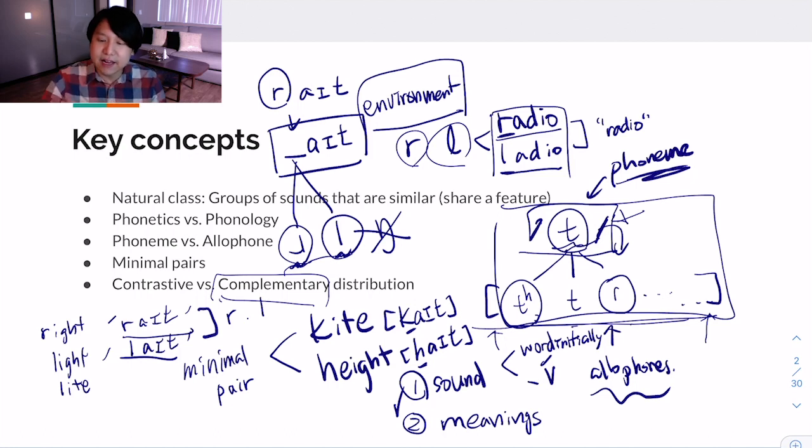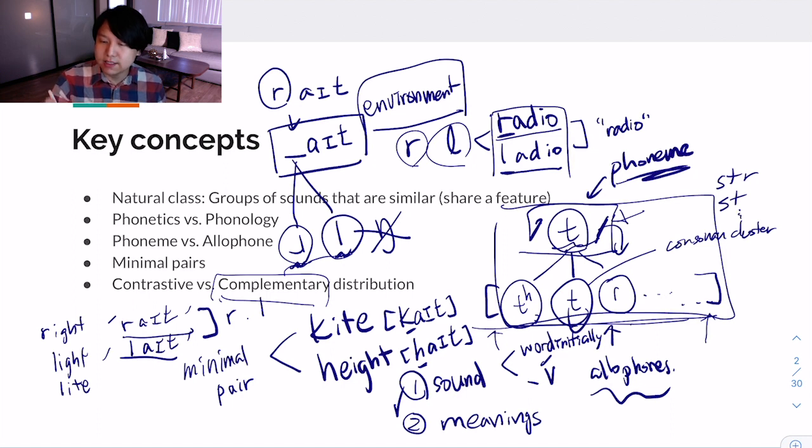On the other hand, unaspirated T can only exist in a consonant cluster, for example, strike, staple, and so on.